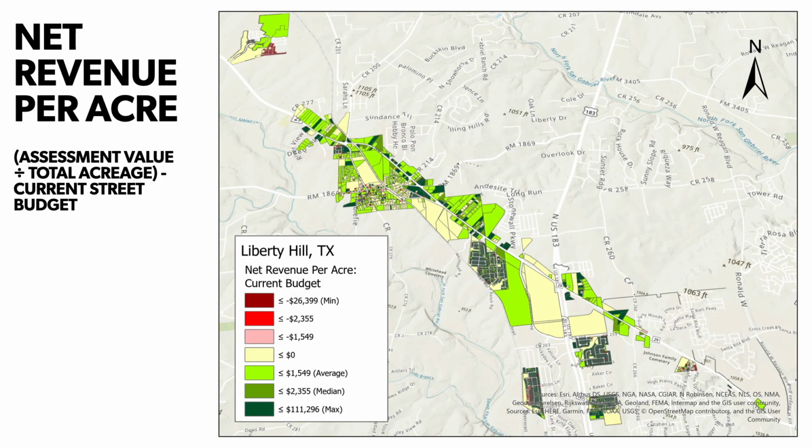The second level of analysis, net revenue per acre, takes the tax assessment for a given parcel and divides it by the property acreage. Then, the cost of the current budgeted street maintenance is subtracted. Because the costs to maintain streets for both undeveloped and underdeveloped properties is the same as fully developed properties, we begin to see these lesser developed places produce less revenue than the cost they generate, meaning that higher value parcels now need to subsidize these lots.